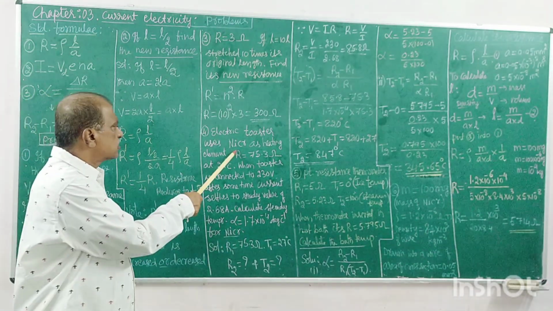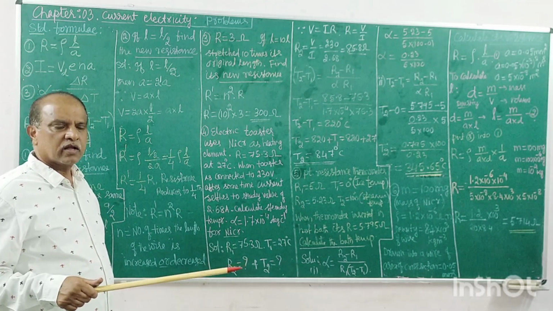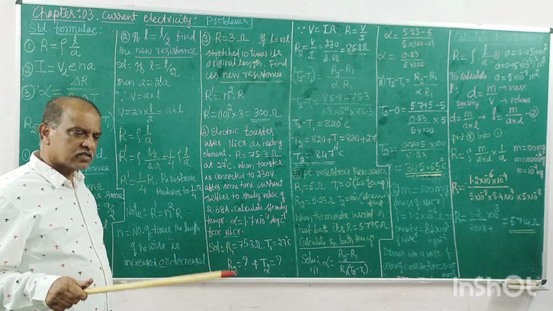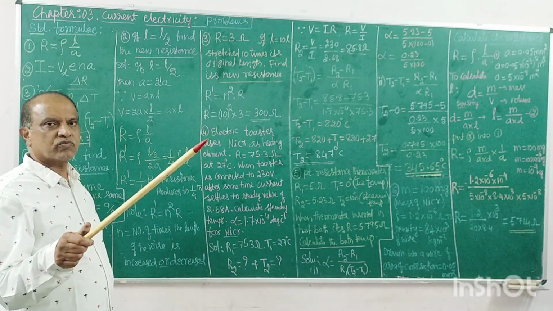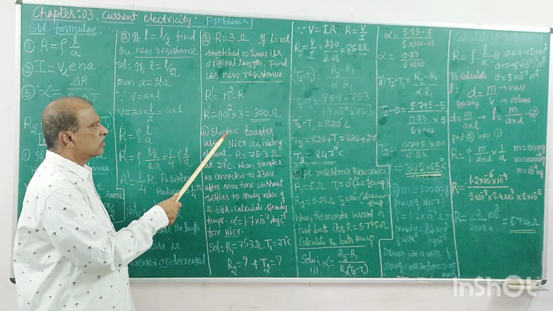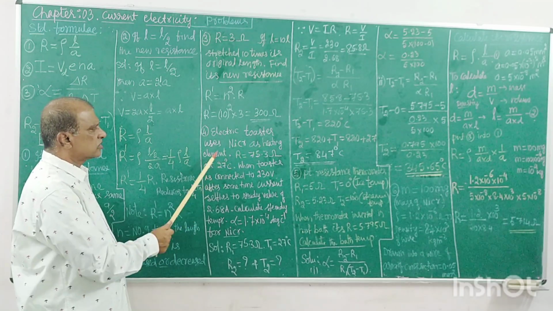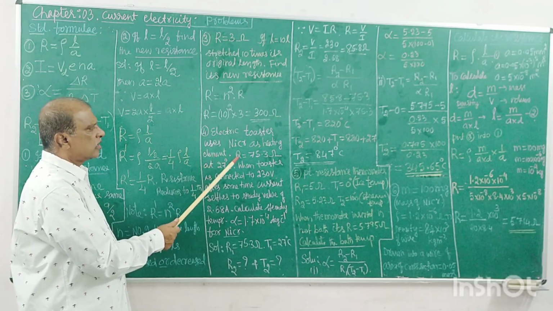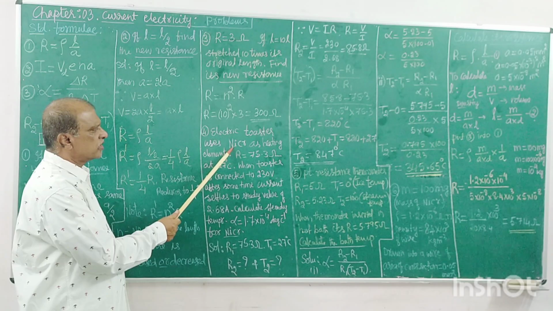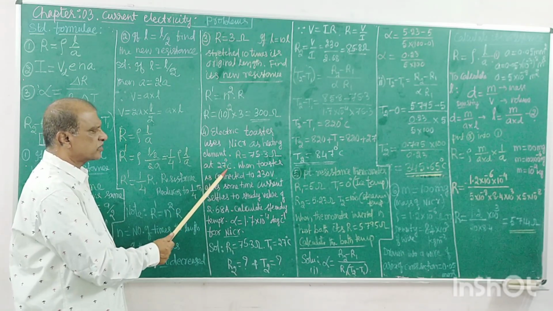So these are the conductors in which, on passing electric current, temperature increases and resistance also changes. On that basis the problem is set. Here is an electric toaster, this is the heating element, and the resistance of that material is given at this temperature because resistance and temperature are functions of each other.